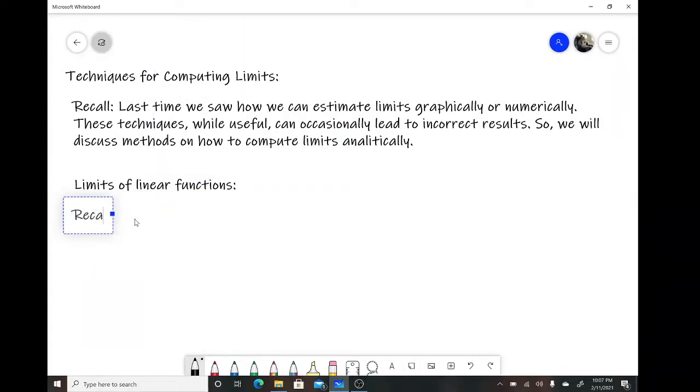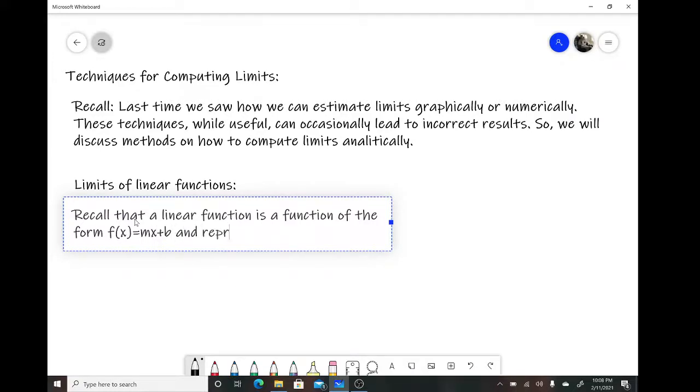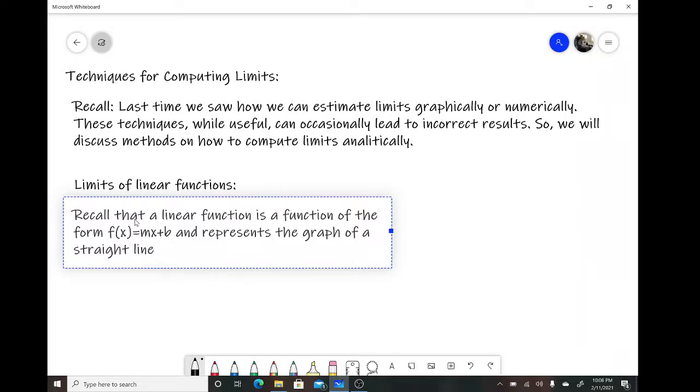So recall that a linear function is a function of the form f of x equals mx plus b, and represents the graph of a straight line with slope m and y-intercept b. We saw this during the pre-calculus review that we had earlier in the semester.